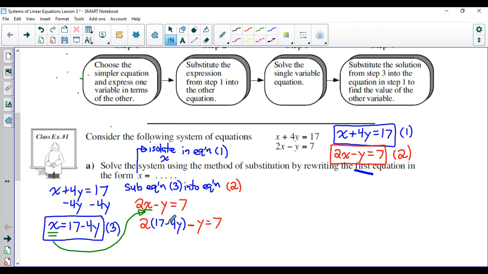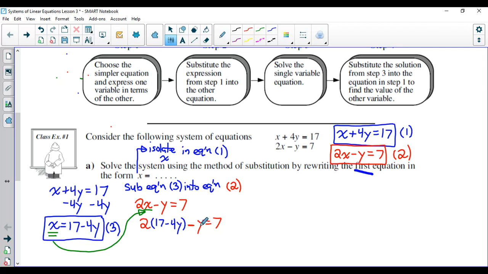So this is equation 2, except in the place of x, I've just subbed in this value for x that I isolated from equation number 1. Now we have a single equation with one variable. Step 3 says solve the single variable equation. What that means is isolate y and solve for what it's equal to.